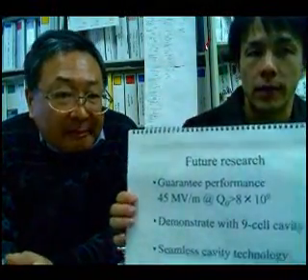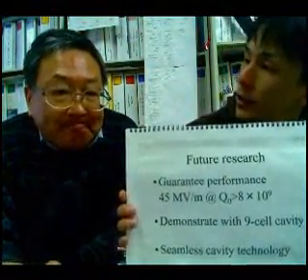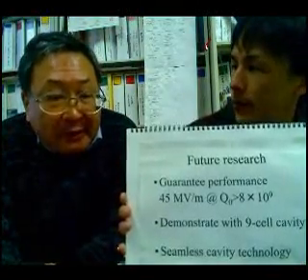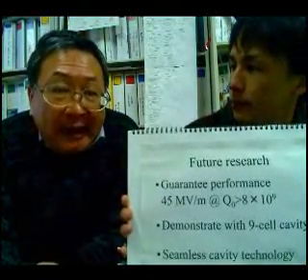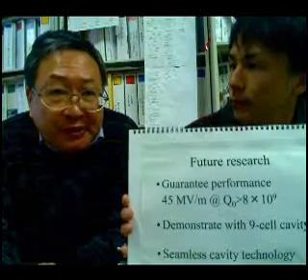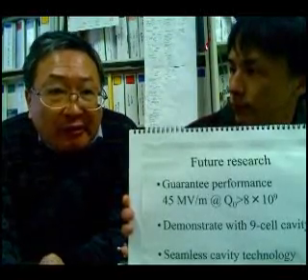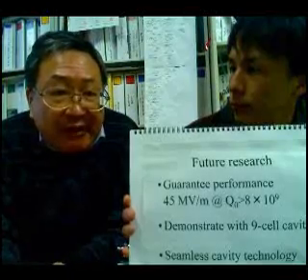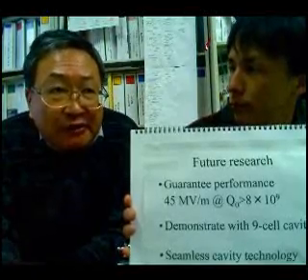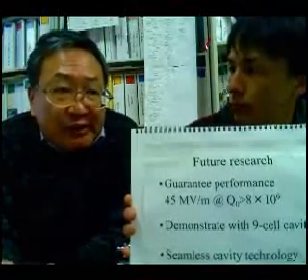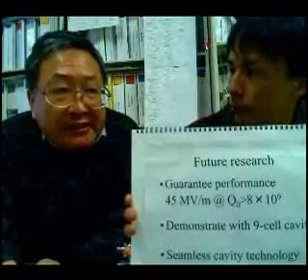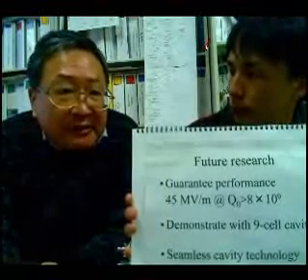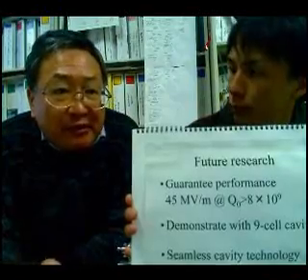Now, could you please tell us about the future research that you aim at now? The ILC is a very huge machine. So if we fail, if we rework, it's time consuming and the cost increases. So very stable, very reliable cavity performance is a very important issue.